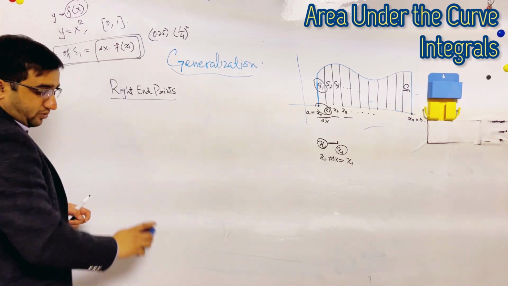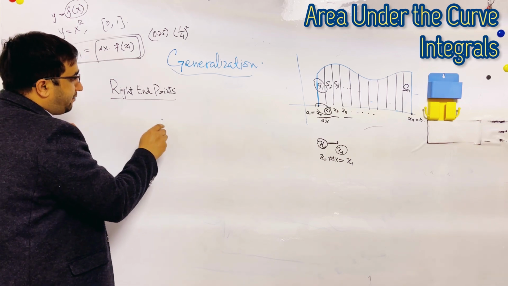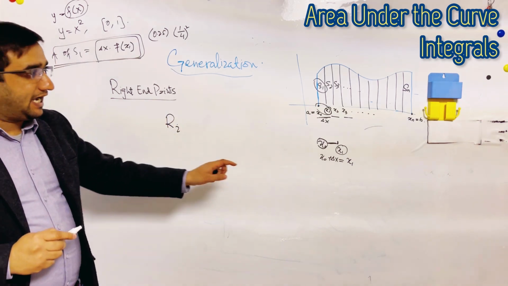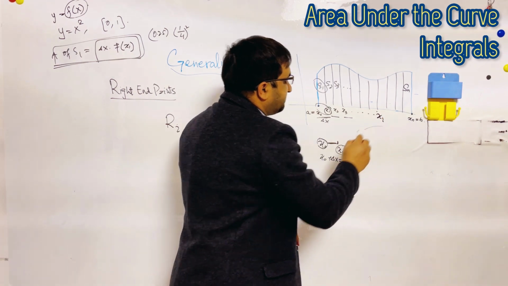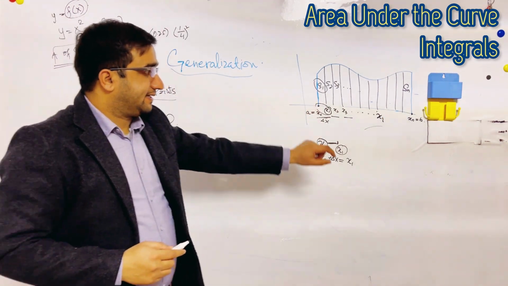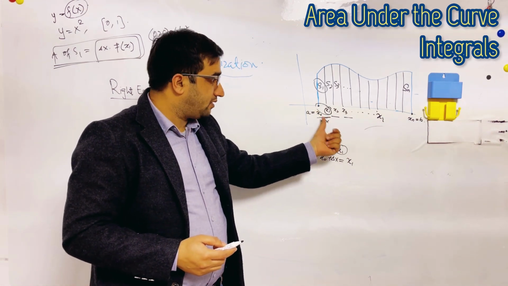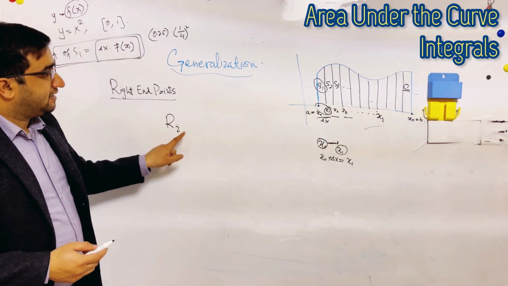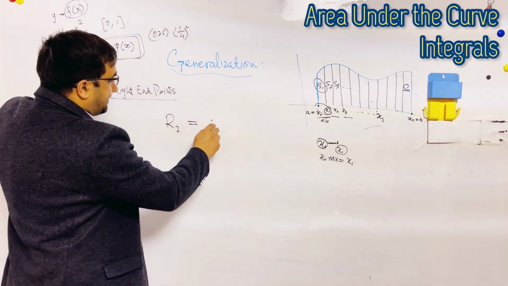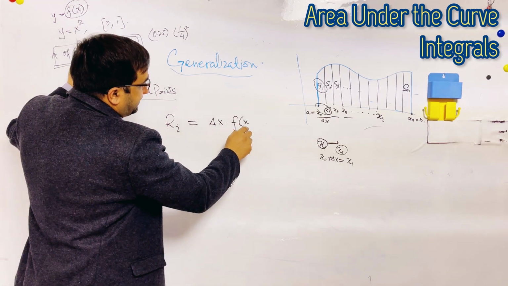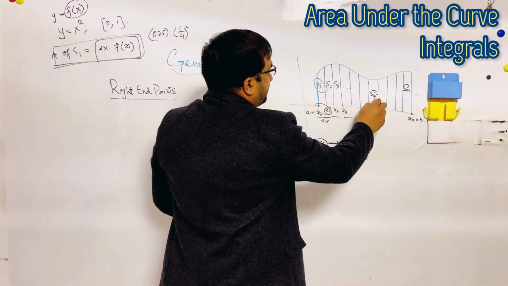Anyways, the rule says that if you are considering the right end point, then wherever you are standing, let me say at any ith position, xi, because we are generalizing this thing, between 0 and n, the formula is delta x into the value of the function at that point xi, the right endpoint of the ith slice.